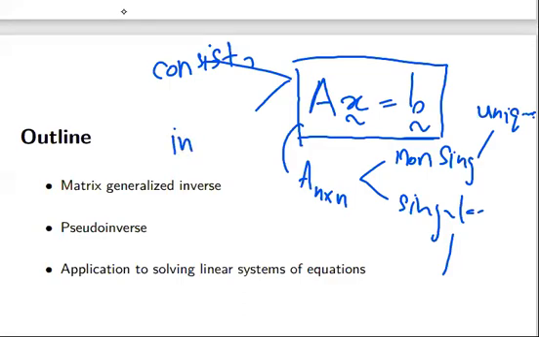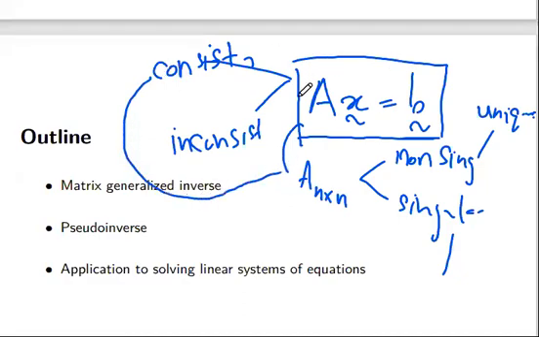If the system is consistent, we know how to find solutions, right?